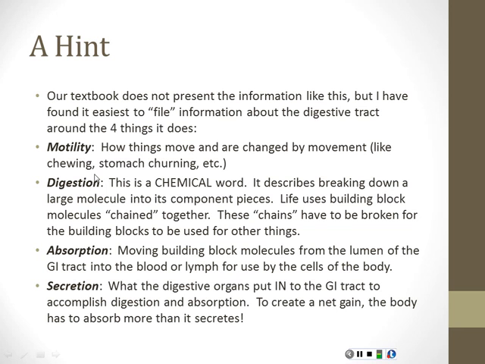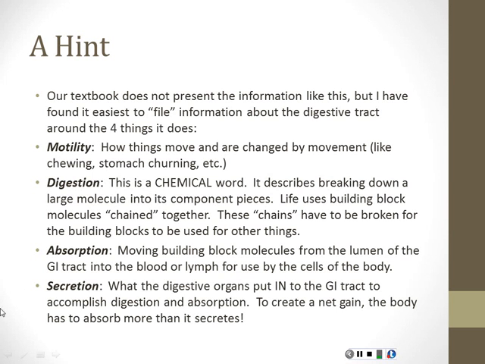Absorption. There is no point in doing digestion unless you're then going to move those building block molecules into the body, right? So a big part of what the small intestine in particular evolved to be for is absorption: getting the building block molecules that have been broken up into the bloodstream so that they can be moved around the body and used by the cells.